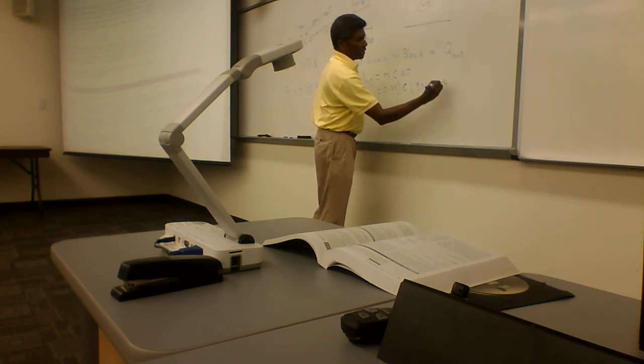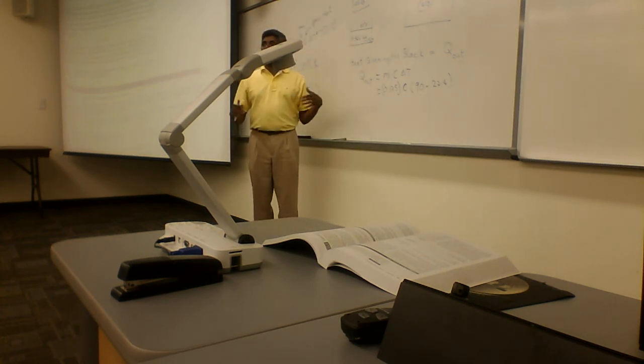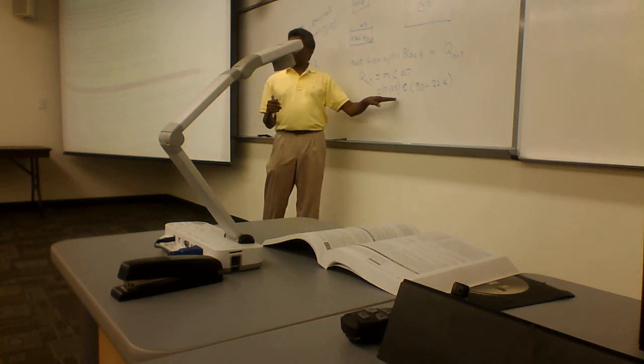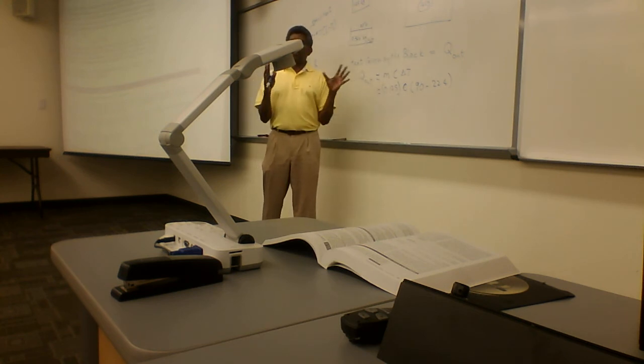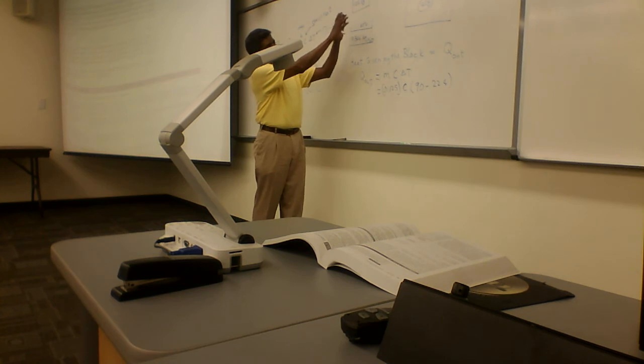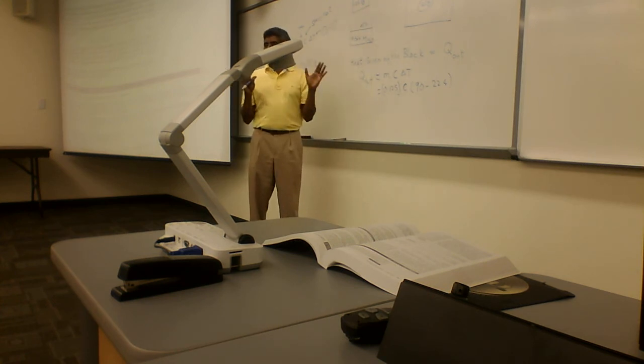Usually we define delta as final minus initial. If you do that, Q out becomes negative. Because I already said heat out, it's going to be positive. Otherwise, it will be heat in, and heat in will be a negative value. Then heat out will be a positive value. So I want how much heat did it give out, how much heat did it absorb. The way I do my calculations, it will never have a negative value.